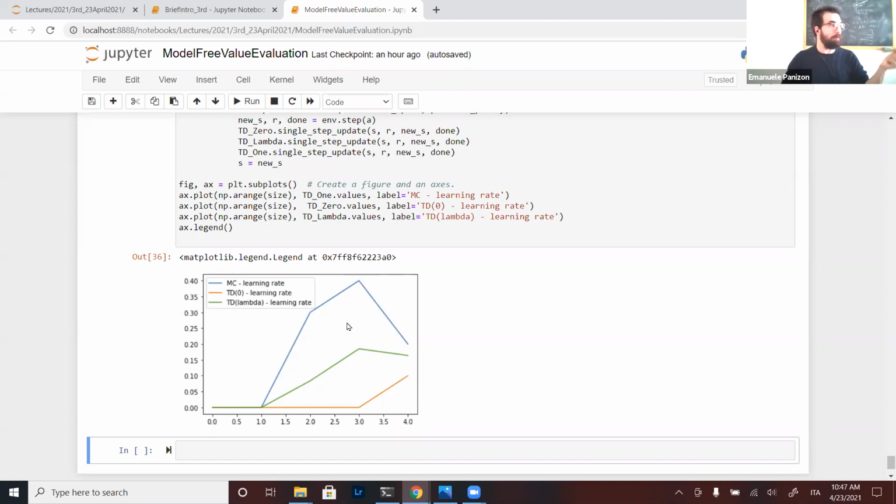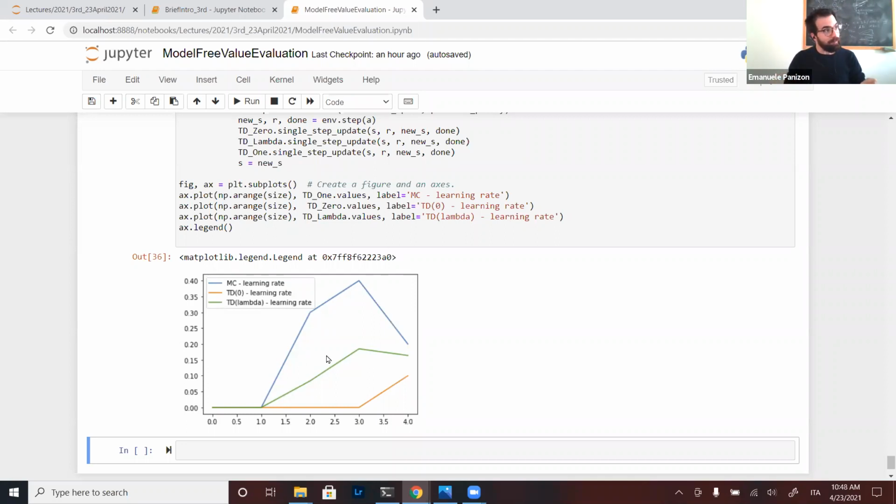Since this is a random walk, I've been mostly around the center, and then I exited. So you can see that the prediction, since I'm adding using the return, which is 1 for all of them, is that the value is larger in the middle, because I visited the center region many times.